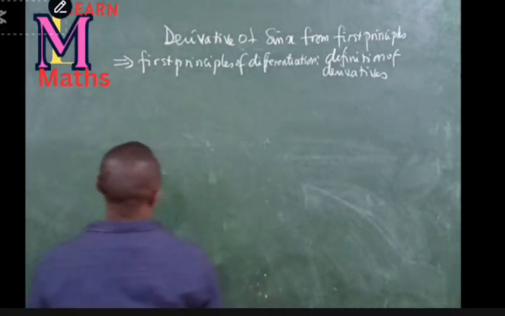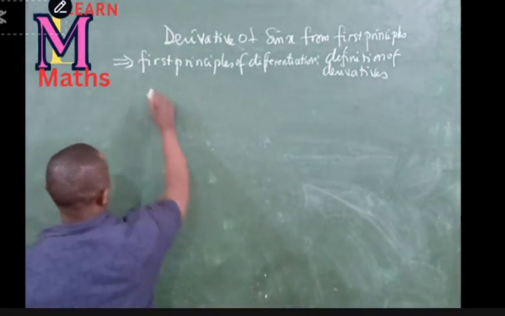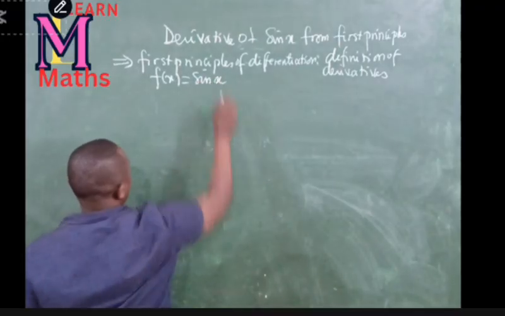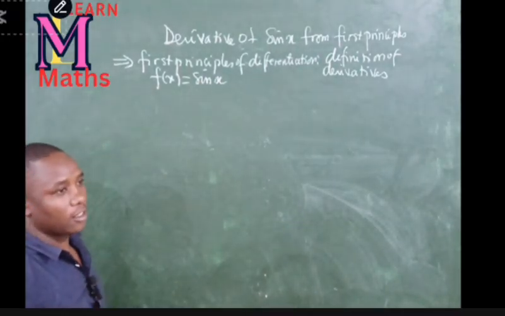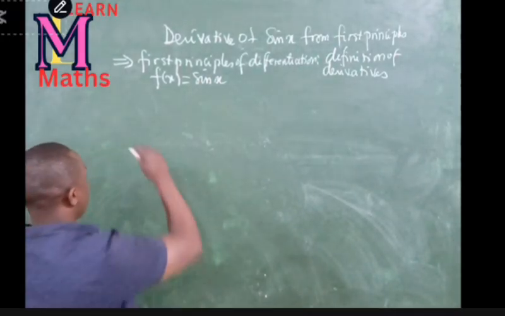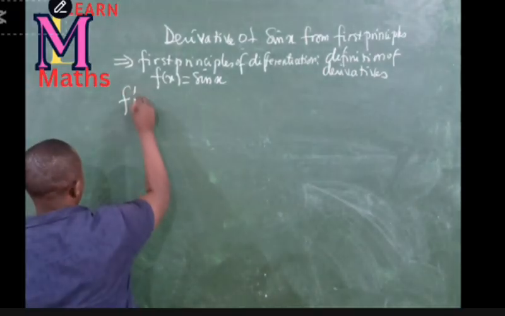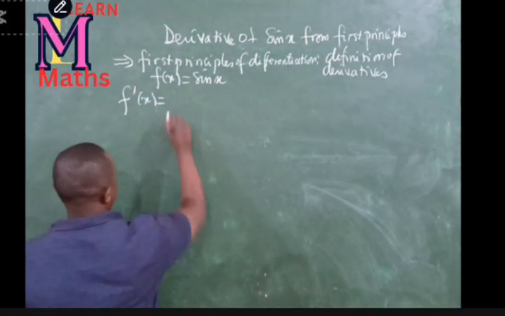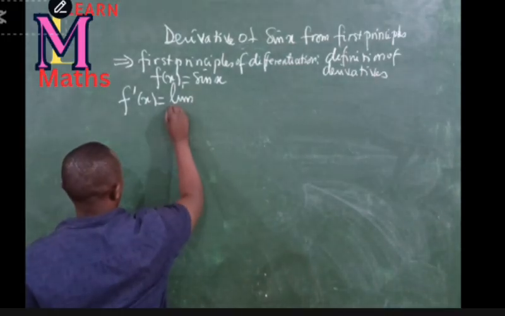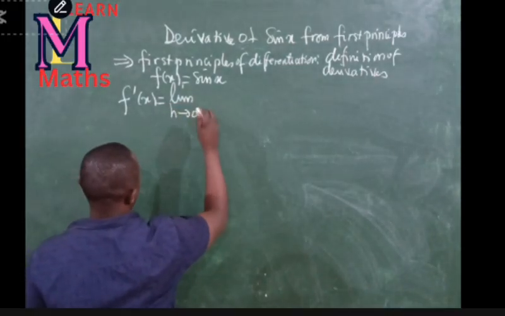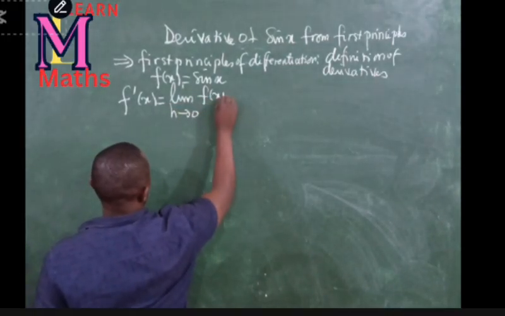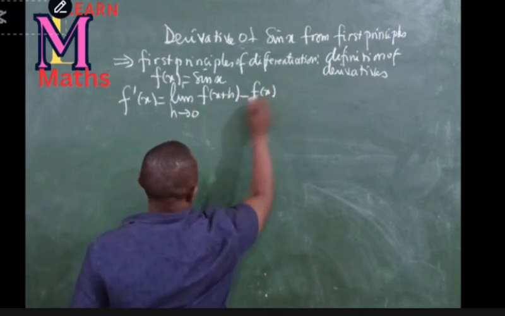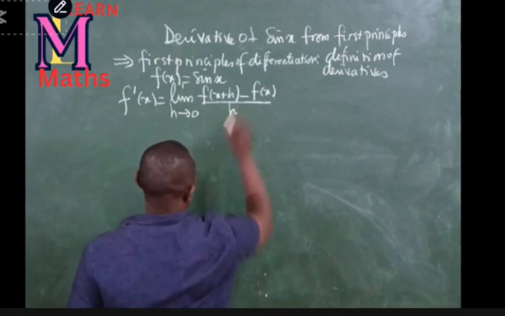Now, because we are going to find the derivative of f(x), which is equal to sine x, the first principle of differentiation says that the derivative of the function is equal to the limit as h approaches 0 of f of x plus h minus f of x divided by h.